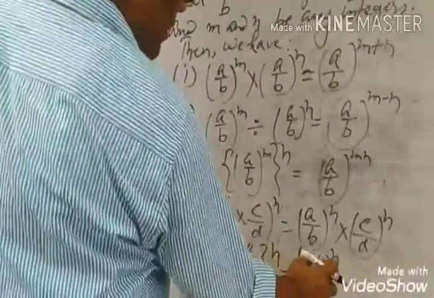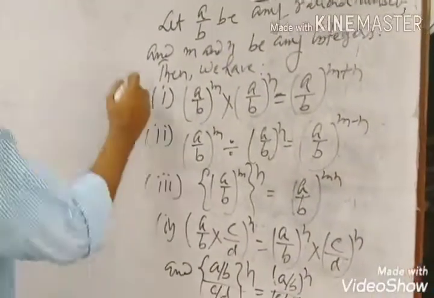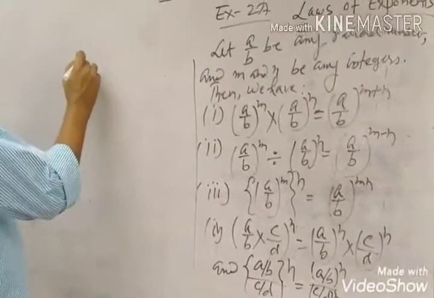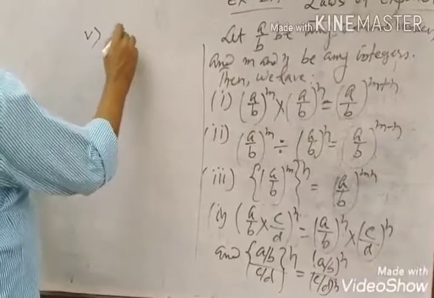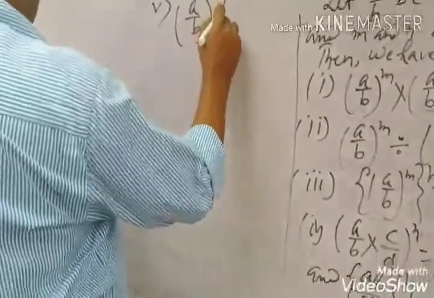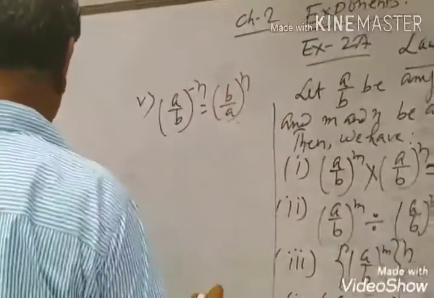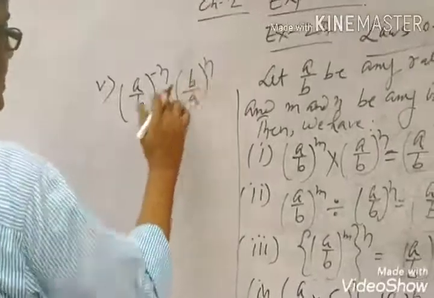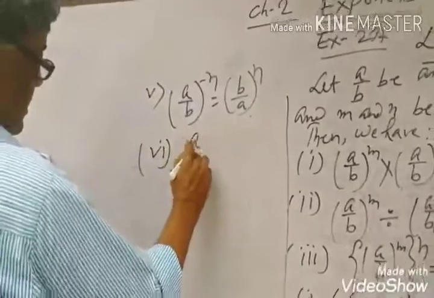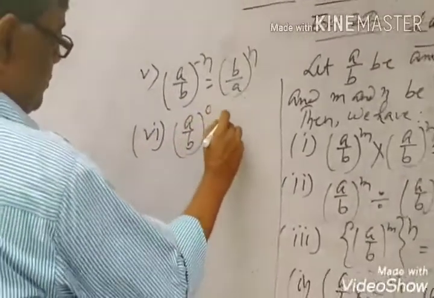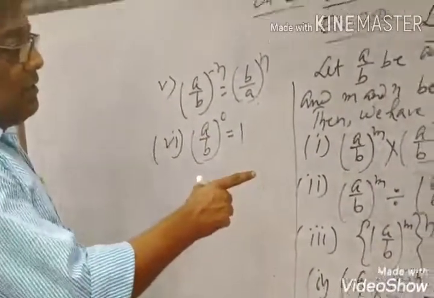Fifth law: (a/b) to the power minus n equals (b/a) to the power n, where n is a positive integer. And the last one, sixth: (a/b) to the power 0 equals 1. You must learn and also practice the laws of exponents.